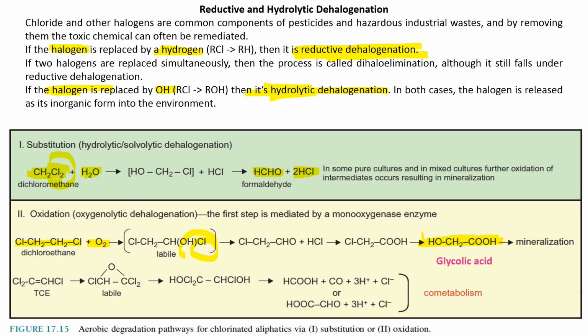It is just a byproduct. And in dehalogenation, because of the presence of halogens, certain organic compounds become very, very persistent in water or soil. Removing halogens using water or oxygen into sugar acids or simpler molecules is called reductive and hydrolytic dehalogenation. So these are the three methods in biodegradation of organic pollutants.